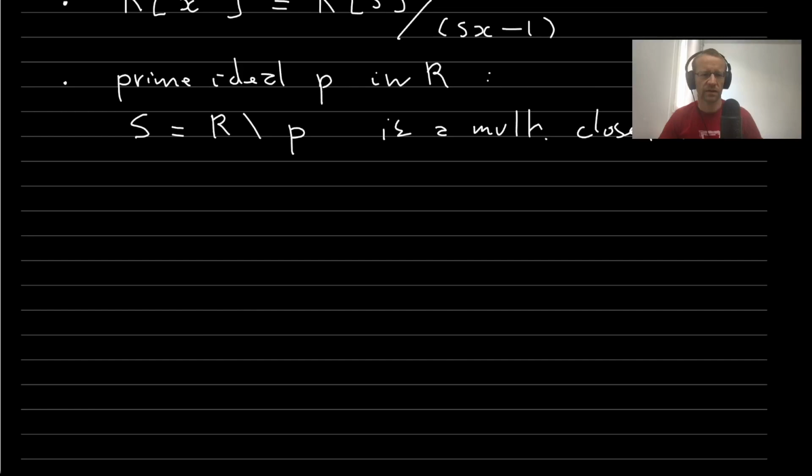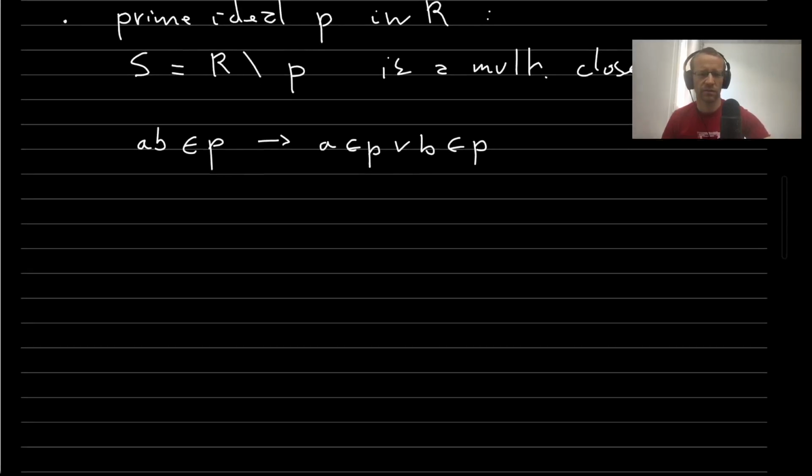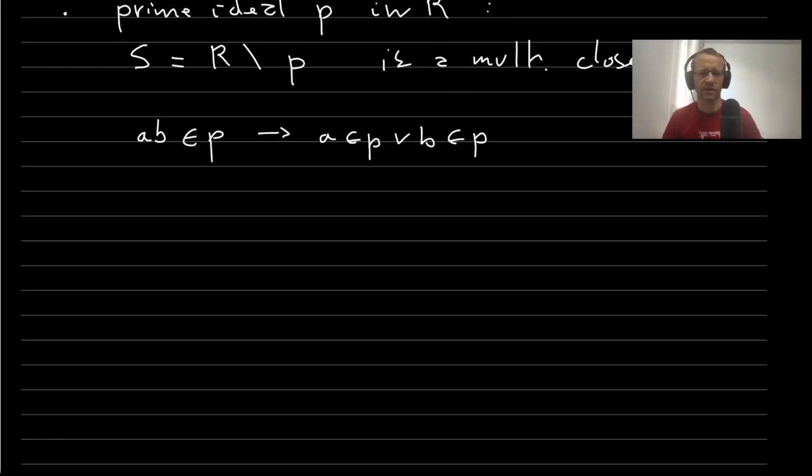Because a prime ideal has the property that if AB is an element of P, then either A is an element of P or B is an element of P. So kind of like the reverse of this, if the product in S would be in P, then it would have to be the case that one of the factors is in P, which is in contradiction with the fact that S is the complement of P. So therefore, S, which is the ring without the prime ideal, is the multiplicatively closed set.